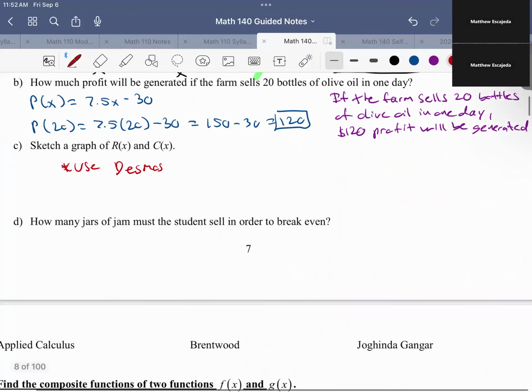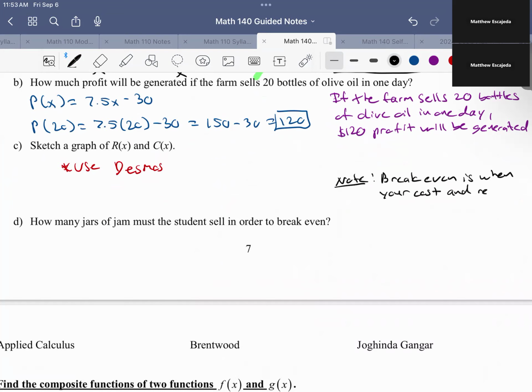You might be leading on to something. How many jars of jam must a student sell in order to break even? Quick note, if you're unfamiliar with the term break even, I'll write it up here. Note, break even is when your cost and revenue are the same.